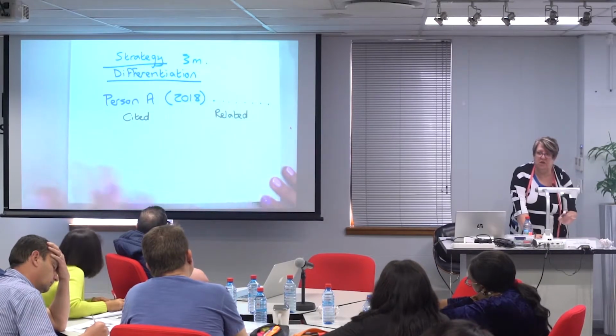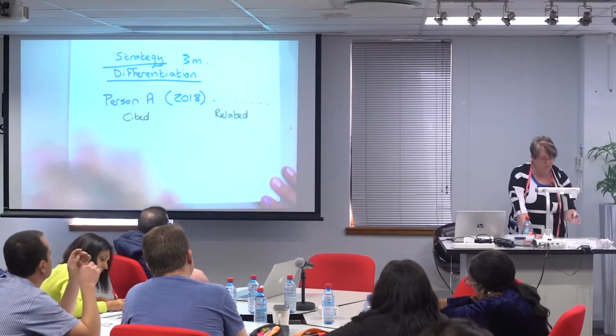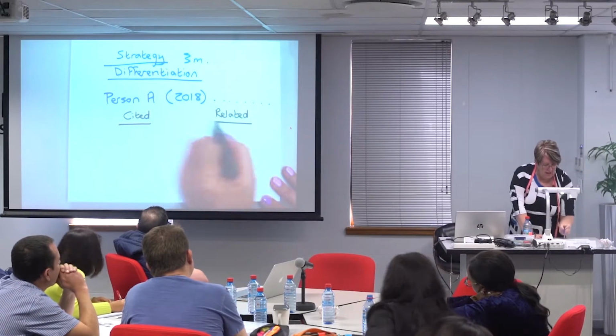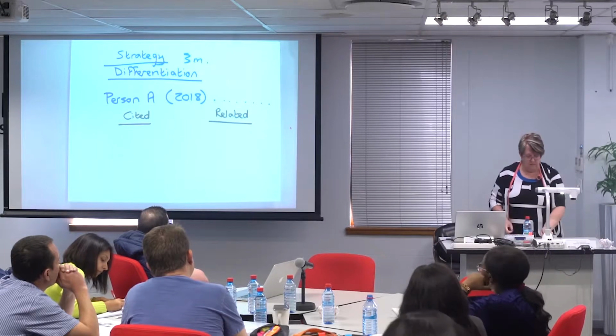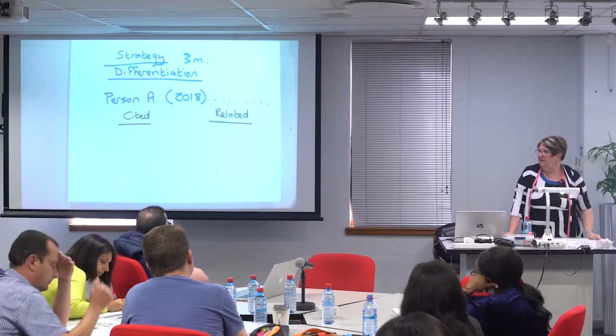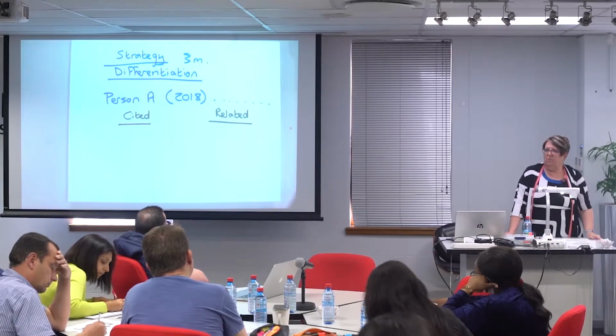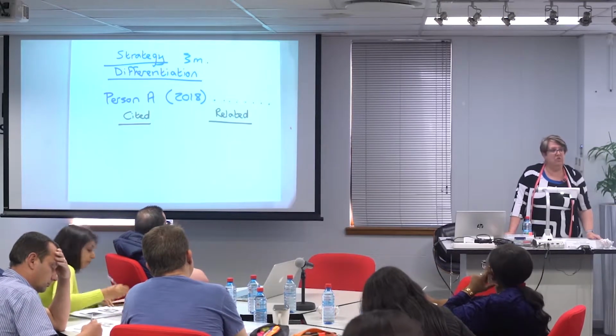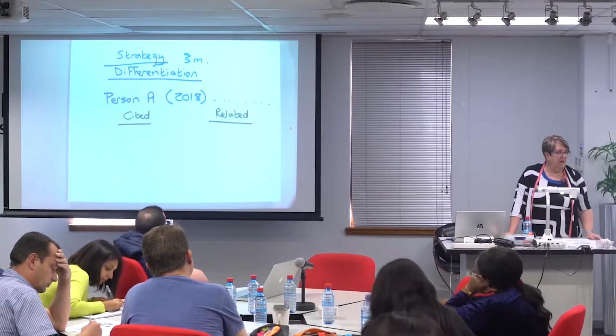Different search engines look different, but somewhere you'll find those words. Now, if you click on cited, it's going to tell you how many people have read that article. And from an academic point of view, that's a very good indication if it's a good article or not.